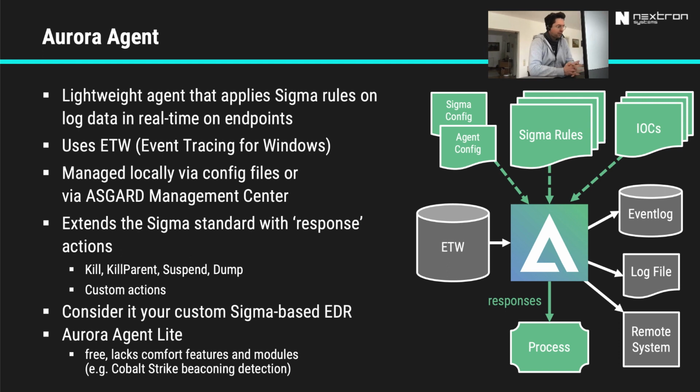Aurora Agent Lite is a product that we will offer for free. The only thing that we require is a newsletter subscription for the Aurora Agent. Then you would get a license for 1 year, and this license will be renewed after a year. You will get the next license, I think, 2 weeks before the previous one expires, and then you can use it for private and commercial purposes.